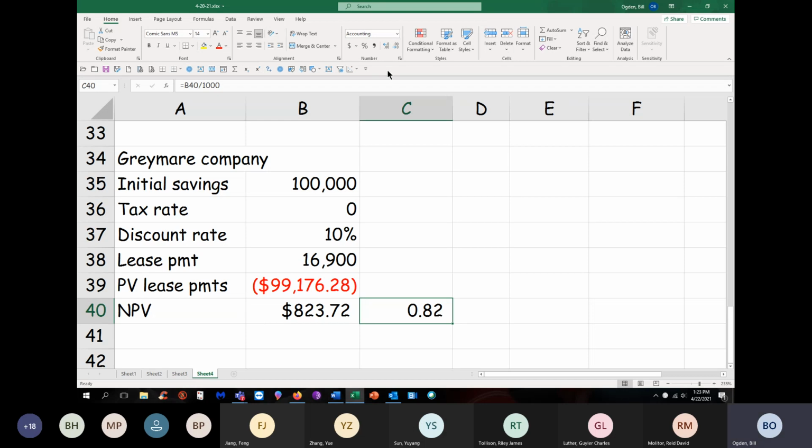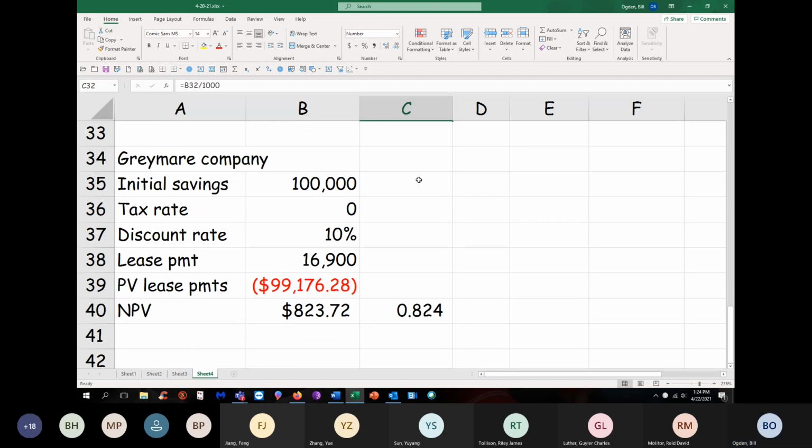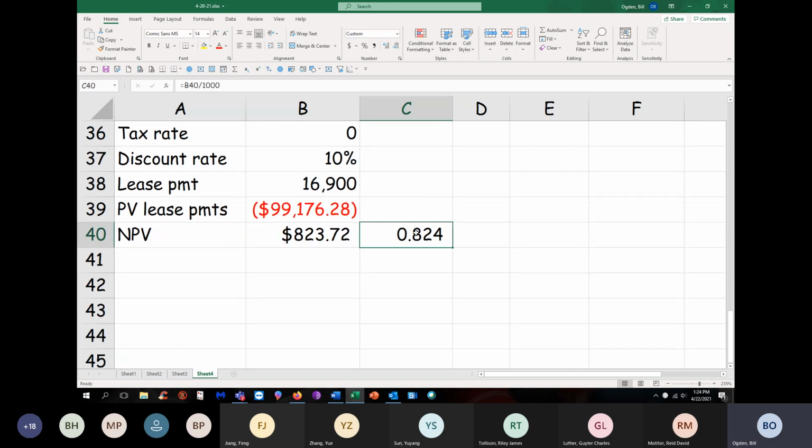Well, we're going to have 824, but ours is actually more accurate than theirs. All right, so what do we have? We have a positive NPV to the lessor. We have a positive NPV to the lessee.